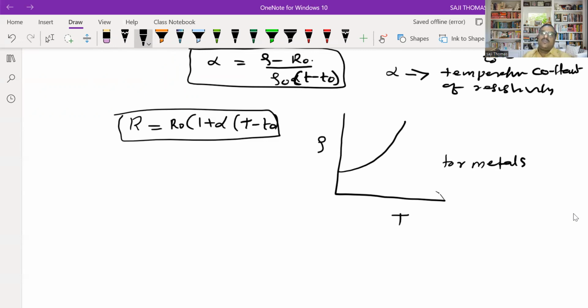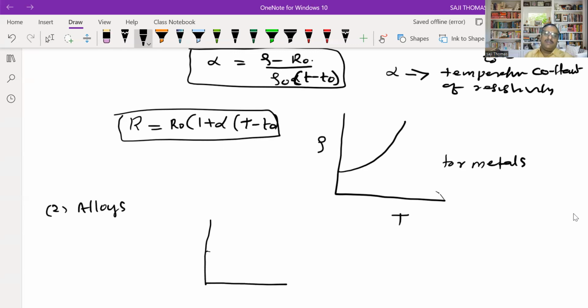Now let us see for alloys. For alloys, there is not much variation of resistivity with the temperature. There is no appreciable change with the temperature. The graph is nearly a straight line.